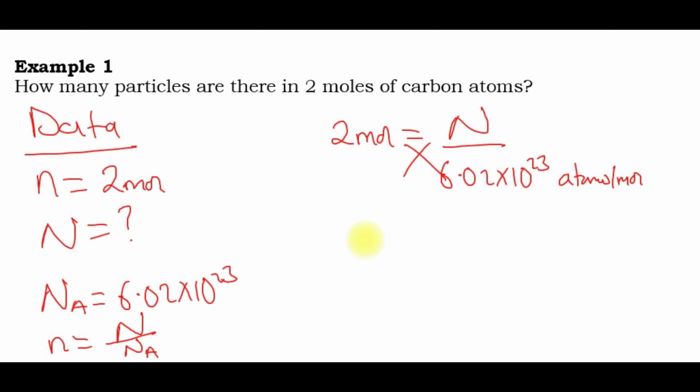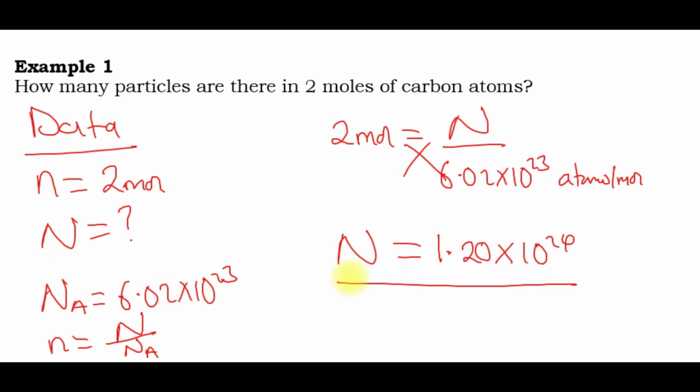So when you cross multiply, you're going to have N is equal to 1.20 by 10 to the power 24. So these are the number of atoms in 2 moles of carbon atoms.